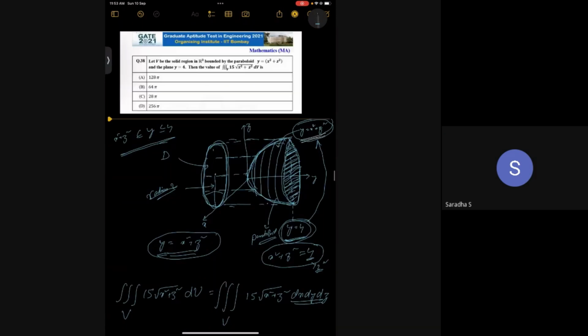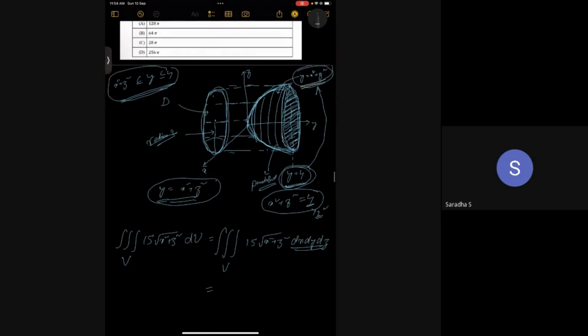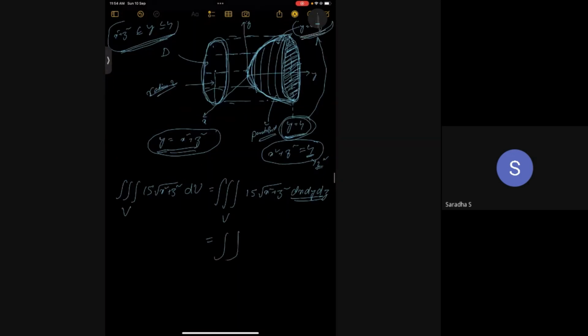So in this question, y is given to be between the paraboloid x squared plus z squared and the plane y equal to 4. So I'll write the y first. 15 times (x squared plus z squared) dy. This is our inner integral. y lies between x squared plus z squared and 4.